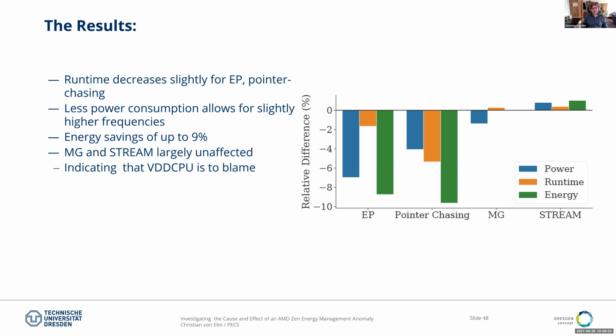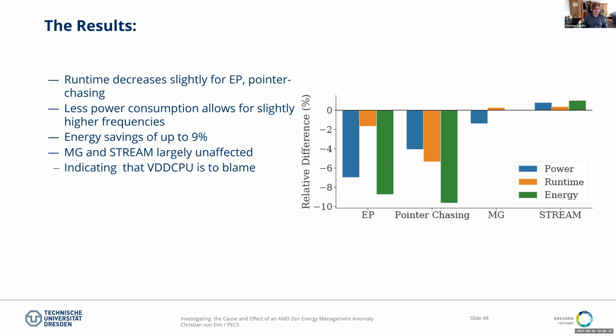And concerning the benchmarks that are not in the realm of the cores, the cross-core communication multigrid benchmark and the memory bandwidth stream benchmark, one can see that they are largely unaffected by the anomaly, which in my mind further indicates that the VDD CPU is to blame.